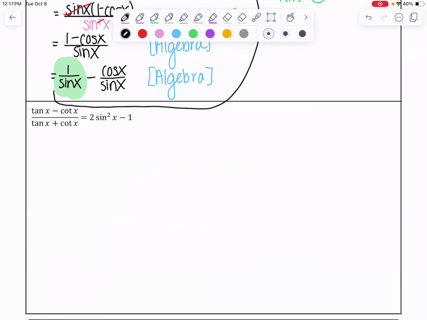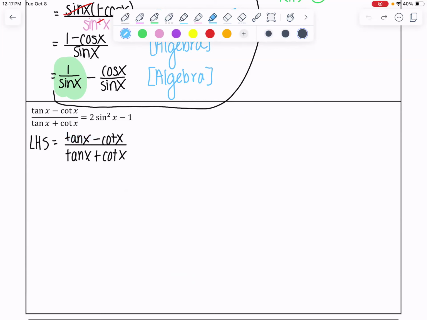I'm going to start with the left-hand side, which is tangent x minus cotangent x divided by tangent x plus cotangent x. The goal is to turn it into 2 sine squared x minus 1. I'm going to start by changing tangents into sines over cosines and cotangents into cosines over sines.